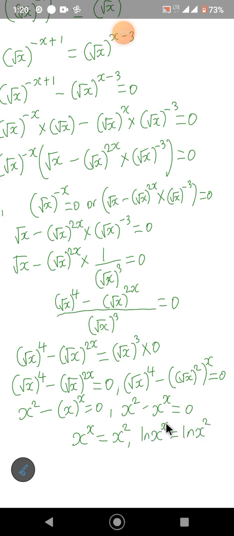Then from here now, here will become x ln x equal to 2 ln x. Then I'll take this one inside. Now here will be x ln x minus 2 ln x equal to 0.